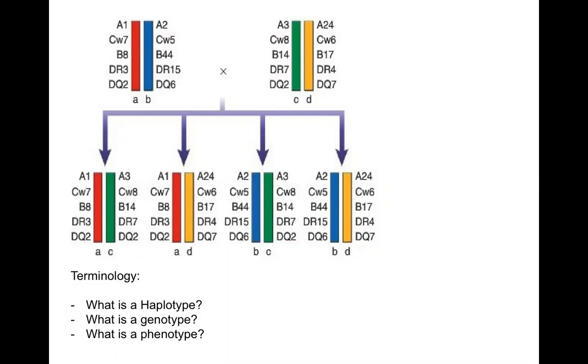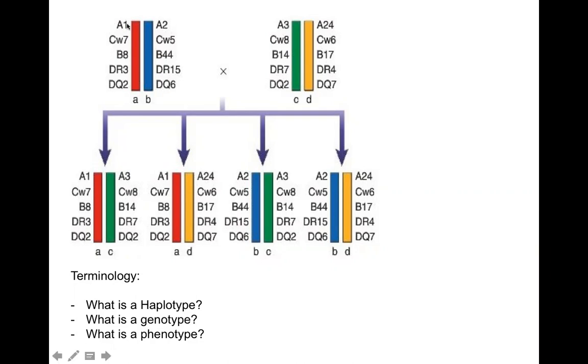Okay, so let's get into an example of MHC inheritance. On the top left, let's say this is dad's MHC profile. The right here would be mom's. Each color strip that you see represents a single chromosome. So we all have a pair of chromosomes.